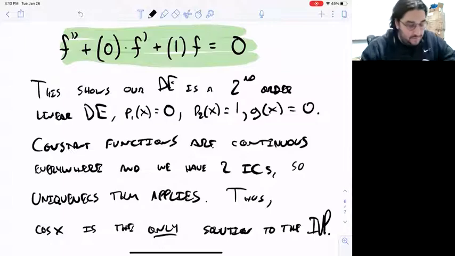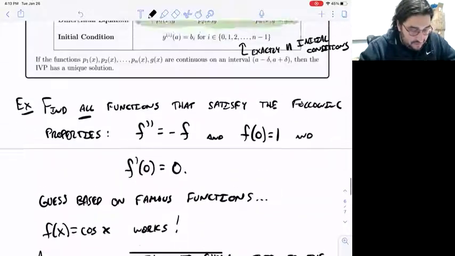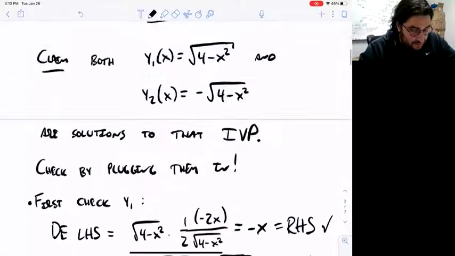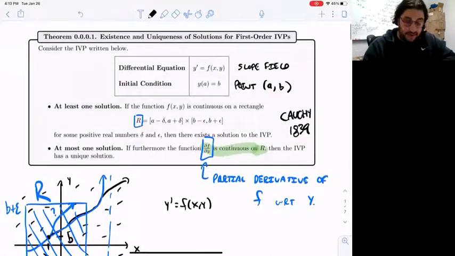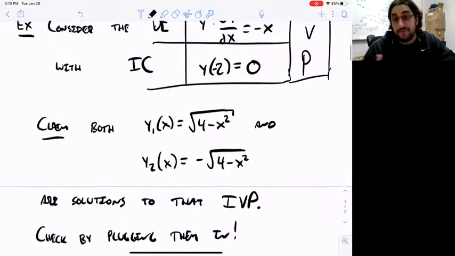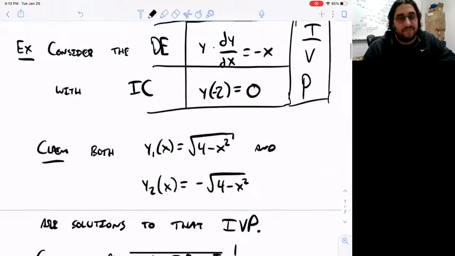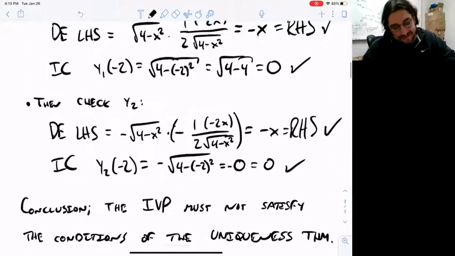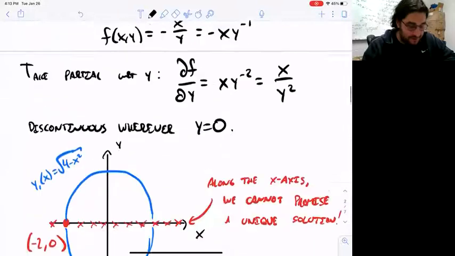In particular, we had one case where the preconditions of the theorem did not apply. We did not have a continuous partial derivative. And sure enough, there were multiple solutions. There doesn't always have to be multiple solutions just because the precondition failed, but in this case there were: a top half of the circle and a bottom half of the circle, two different solutions.